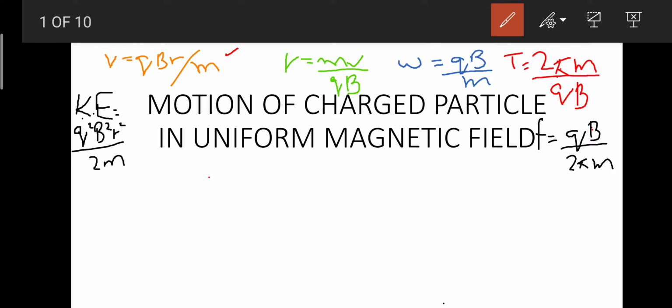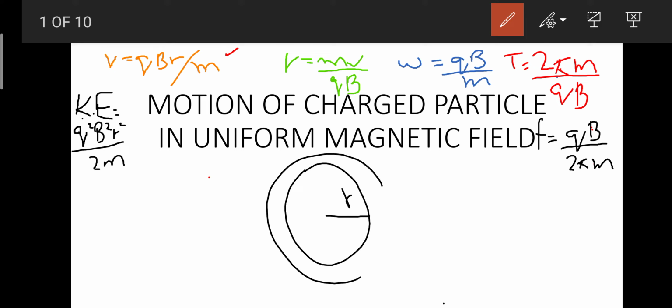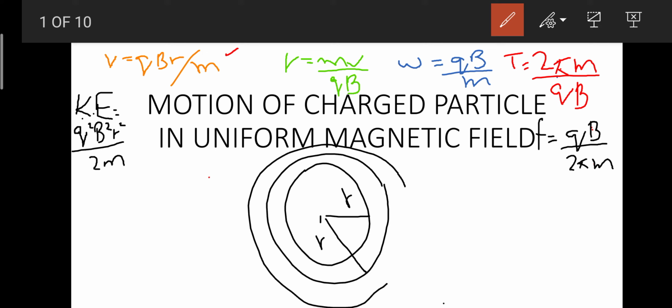So if the charged particle is moving in a circular path with radius r, or another with radius r prime, or another radius, for all these radii the value of angular frequency, time period and frequency would remain the same, right?